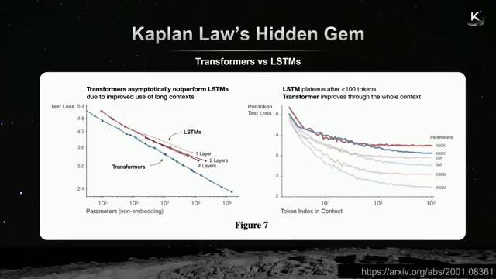If you just continually increase the context length, the loss just continuously drops. But if you look at the curve of LSTM, it just saturates after a certain number of tokens. It means that transformers have this better capability of capturing longer context, and this is what makes them better.